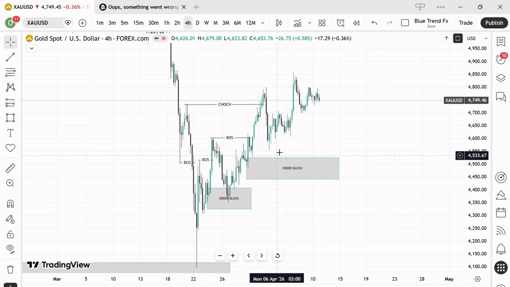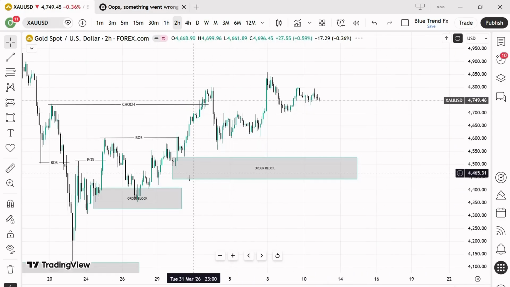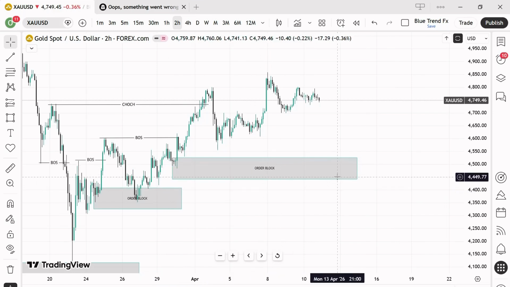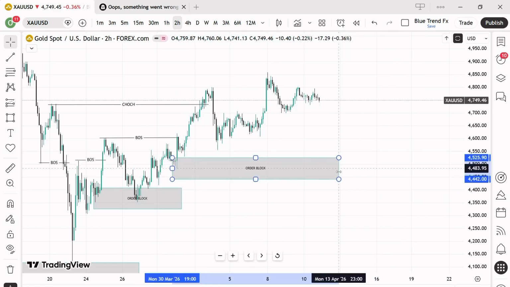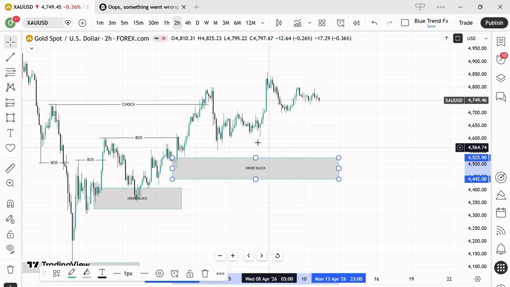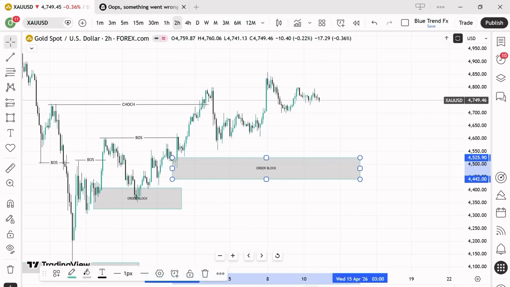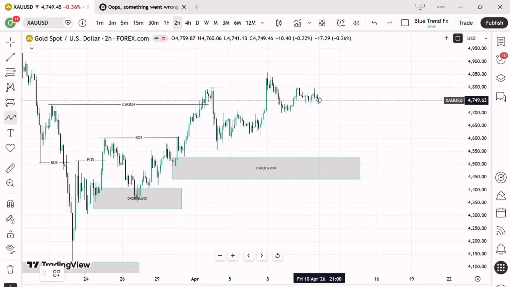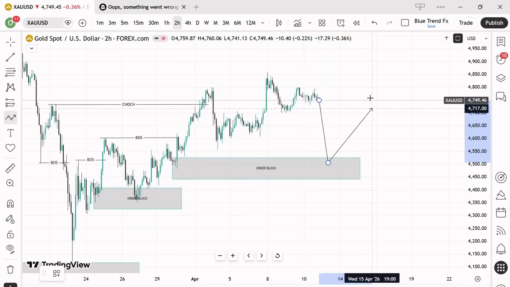At this key level, we're going to be expecting markets to drop up to this, because this right here has been mitigated. So this is where we'll be expecting markets to come to.